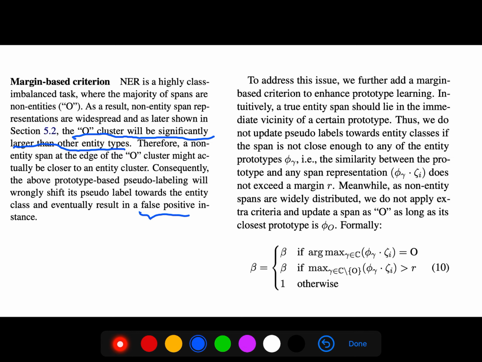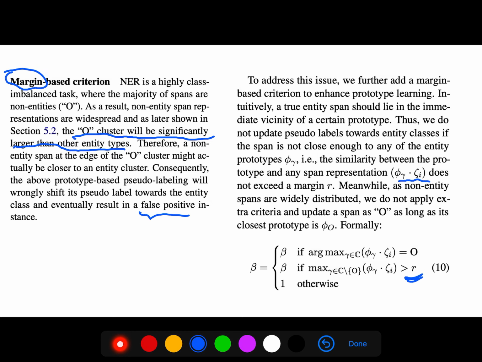Intuitively, a true entity span should lie in the immediate vicinity of a certain prototype. Thus, we do not update pseudo-labels towards entity classes if the span is not close enough to any of the entity prototypes, that is, the similarity between the prototype and the span representation does not exceed a margin R. We care about the margin to be as robust as possible to exclude noise.